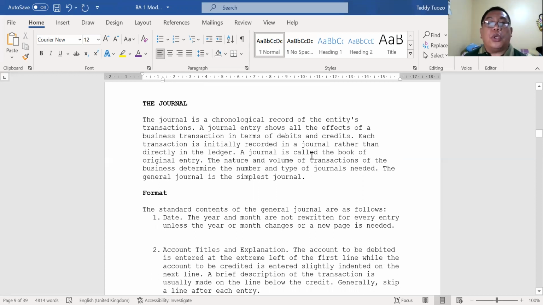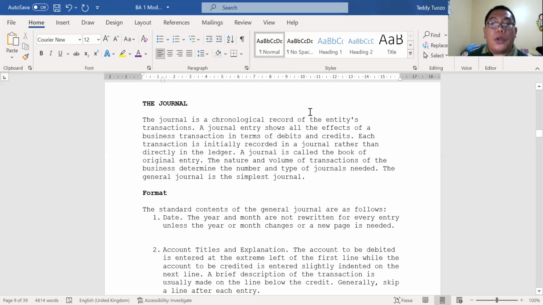Okay, the journal or the general journal. The journal is a chronological record of the entity's transactions. A journal entry shows all the effects of a business transaction in terms of debits and credits. Each transaction is initially recorded in a journal rather than directly in the ledger. A journal is called the book of original entry.